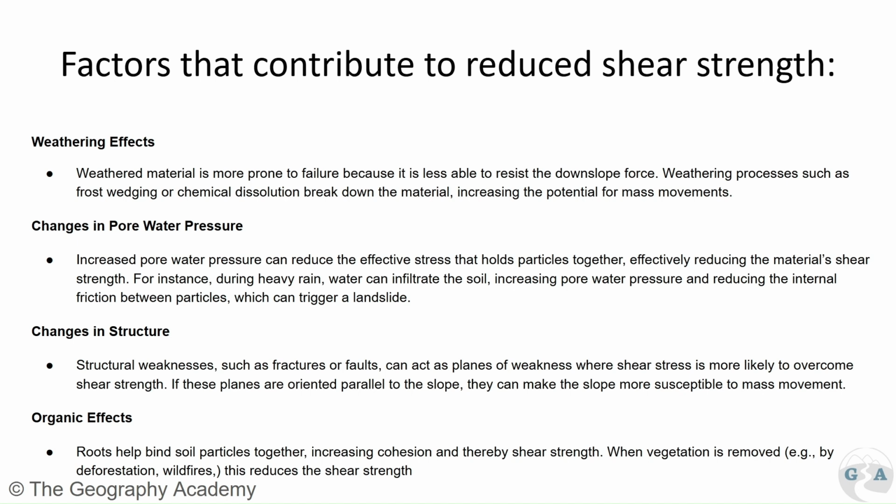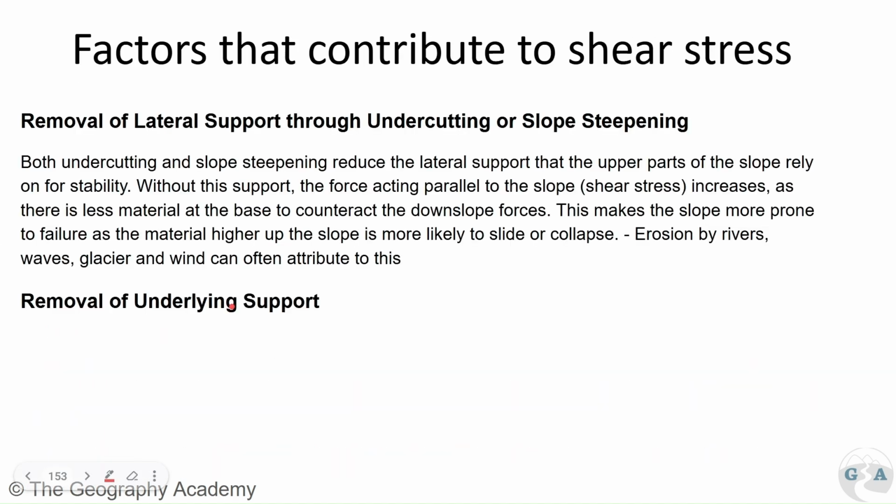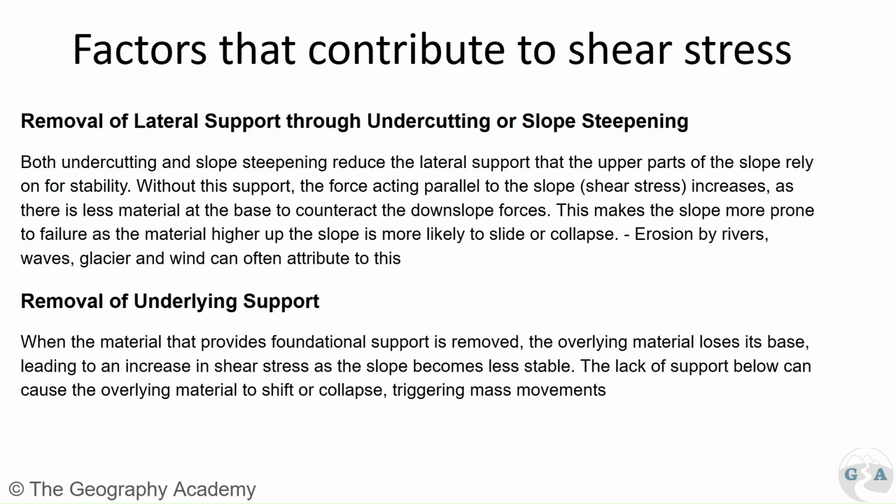And then organic effect or biological weathering also can deteriorate it, so things like vegetation, for example. Sometimes vegetation, though, can cause an increase in the shear strength, like roots binding the soil, which is important to mention too.